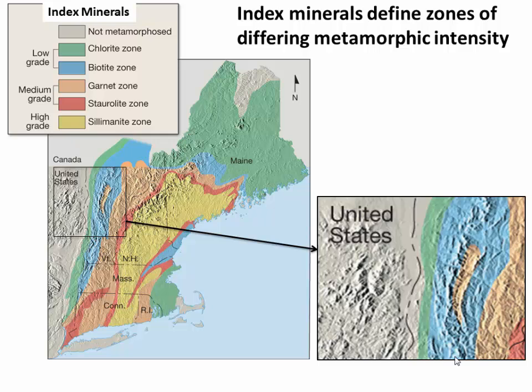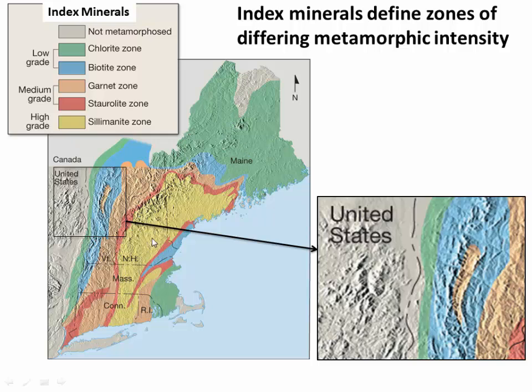So to bring this all together, we can look at a map view of New England. This shows a map of index minerals. So basically, what is the highest grade mineral found in different places? If we look up in Maine, the highest grade mineral is chlorite. That tells us right away these rocks weren't buried very deeply during mountain building events.